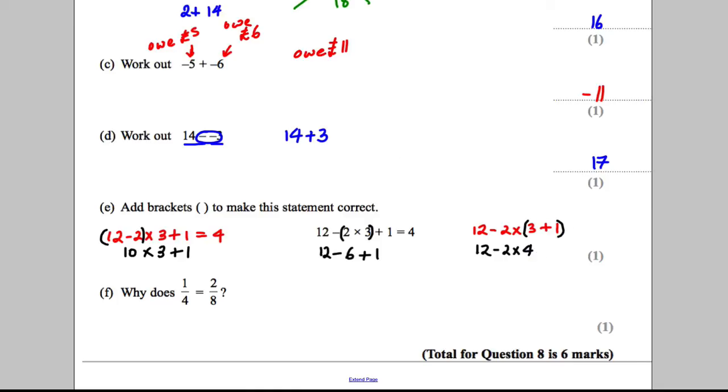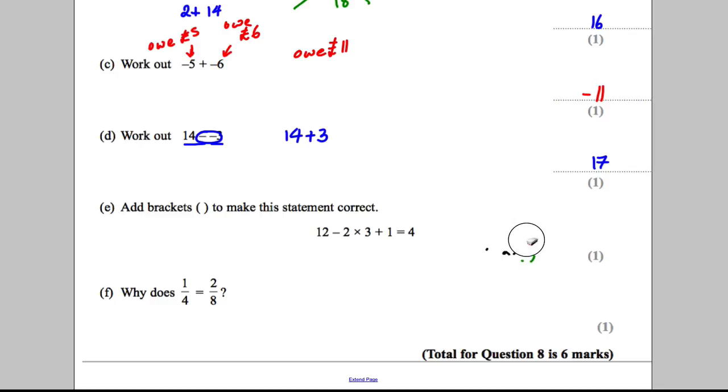And now I would, using BIDMAS, must do the multiplication first. So I would do 12 subtract 8, which does give me the answer 4, which is what I'm looking for. So then I could rub out my work, or that could be on a piece of scrap paper. I know that the brackets, as I've just said, must go here. Okay, so that's how I get that.